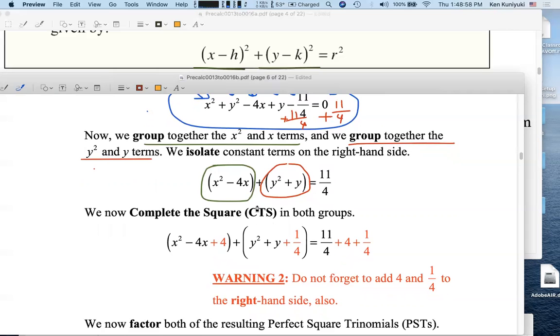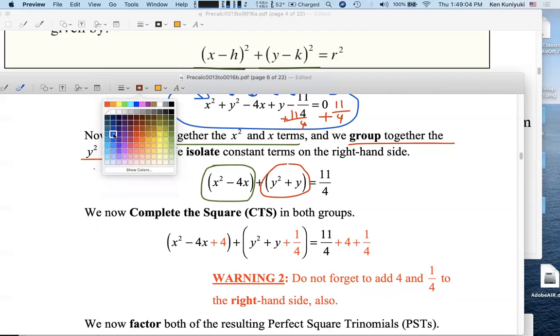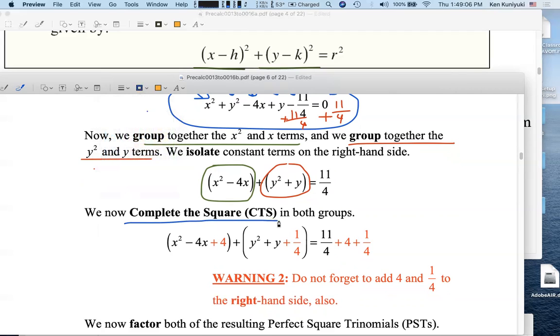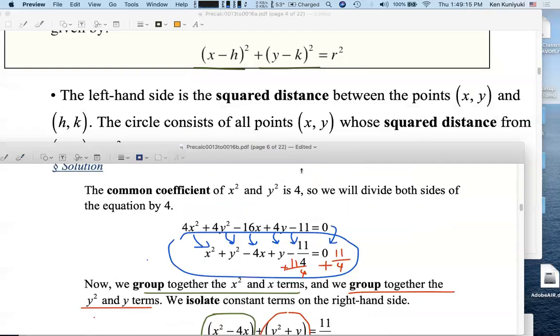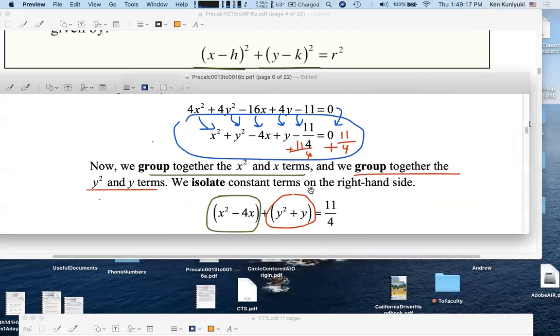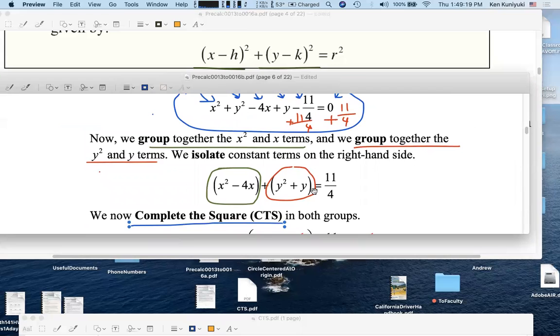Well, how do we create PSTs? We CTS, all these acronyms. We CTS. We're going to complete the square in both the x group and the y group. So how do we do that?